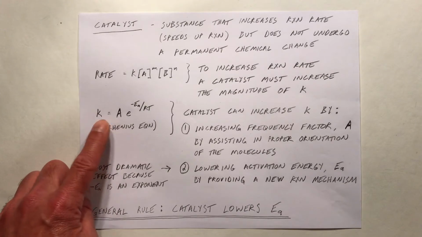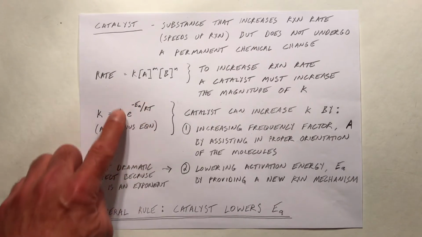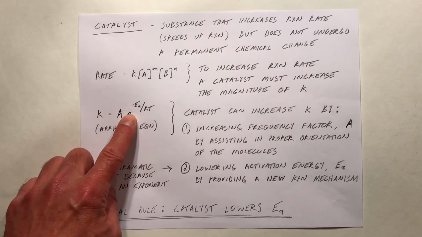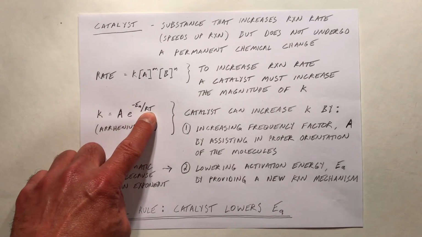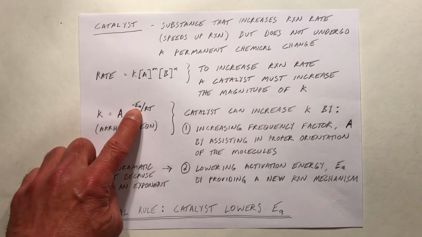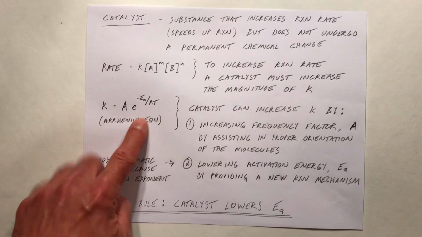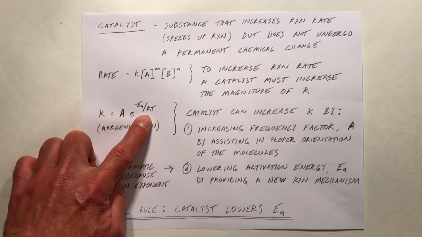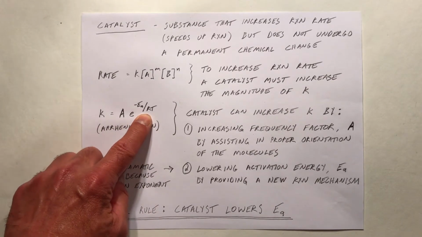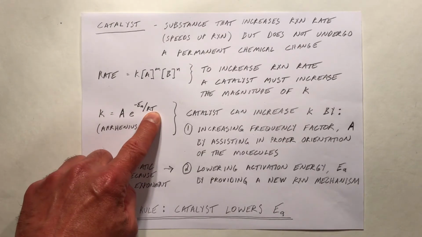Now, the other factor that affects K is this expression here, the number e to the negative Ea over RT, where Ea is activation energy, R is the ideal gas constant, 8.314 joules per mole Kelvin, and T is temperature in kelvins.